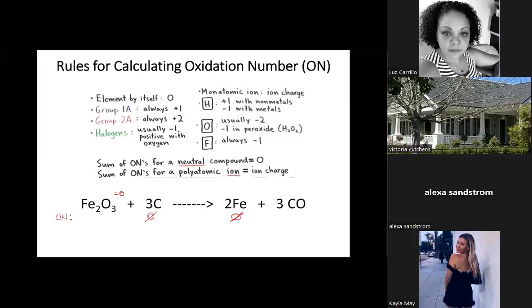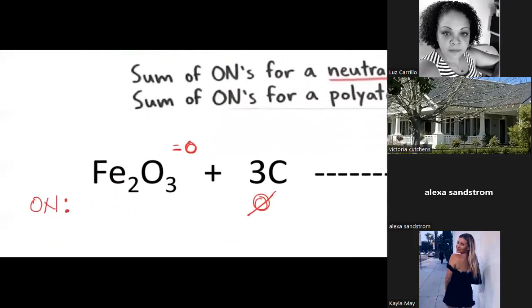What is the oxidation number of oxygen based on the rules? Excellent, -2. Let me just zoom in here. This is -2. But in this ionic compound, notice that I have 3 oxygens. So I need to take that into account. So I'm going to multiply that. -2 times 3. This is -6.